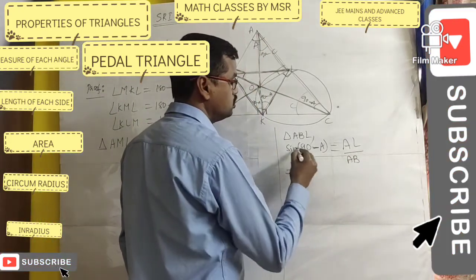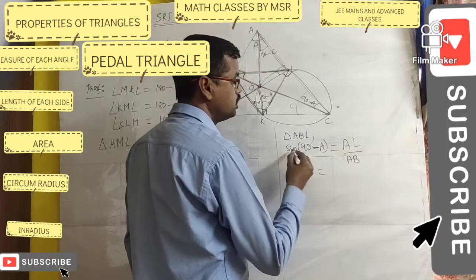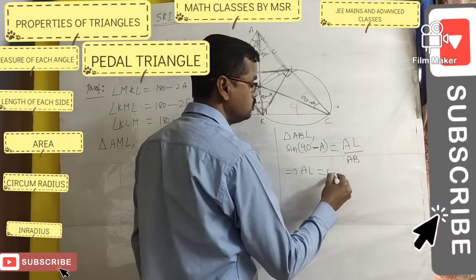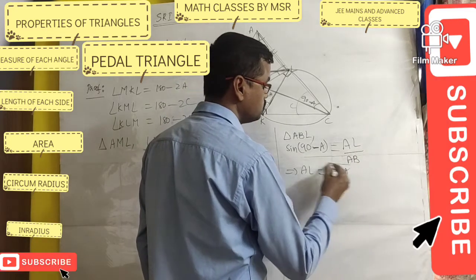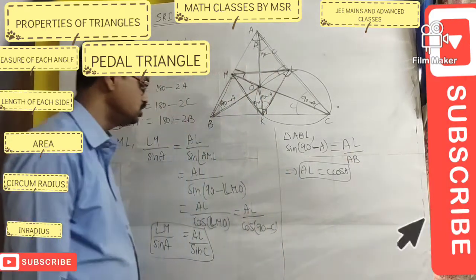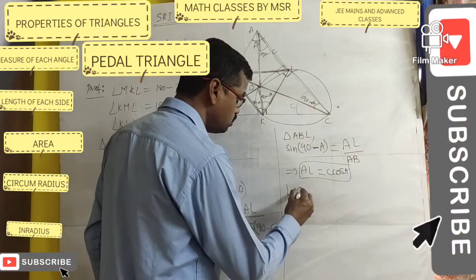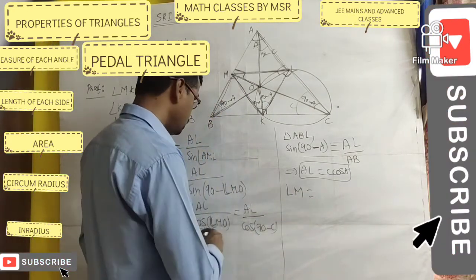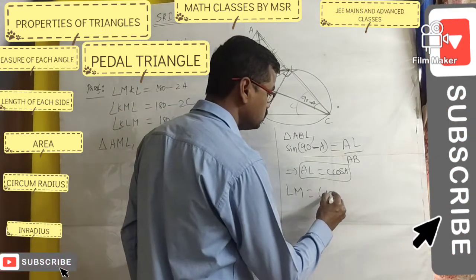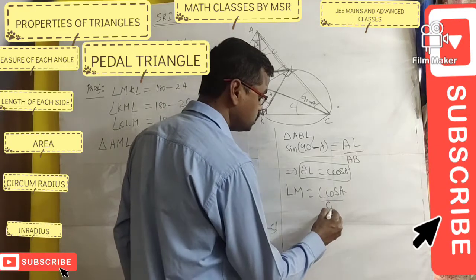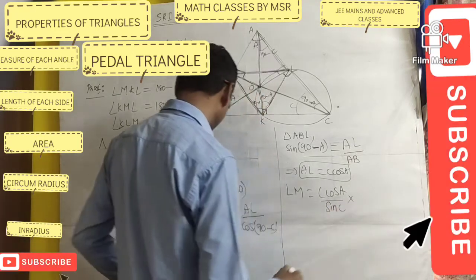So AL equals what? Sin 90 minus theta is cos theta, so cos A into AB, whose length is c. So AL equals c cos A. Now LM equals how much? LM equals AL, which is c cos A, by sin C into sin A.